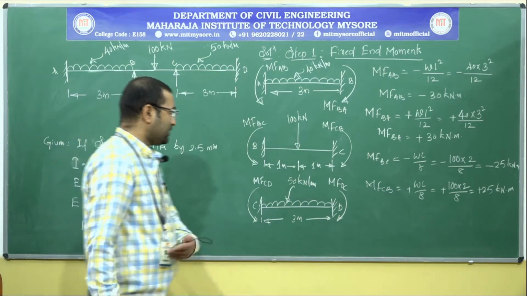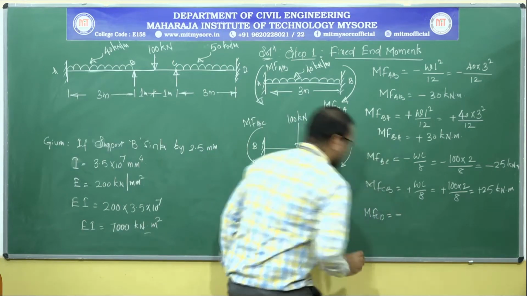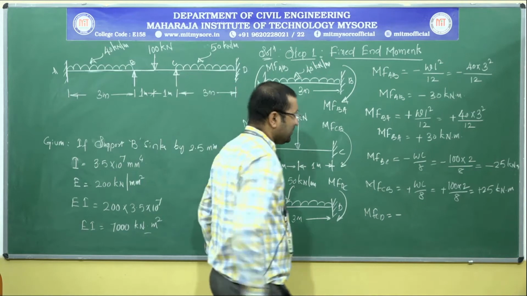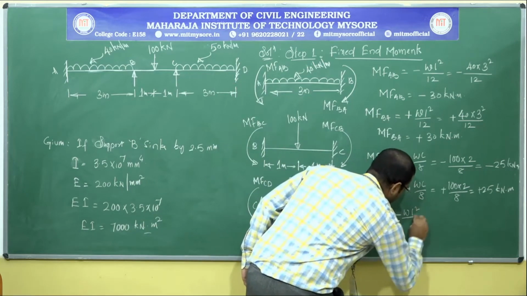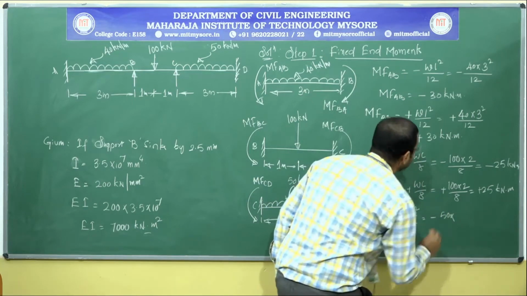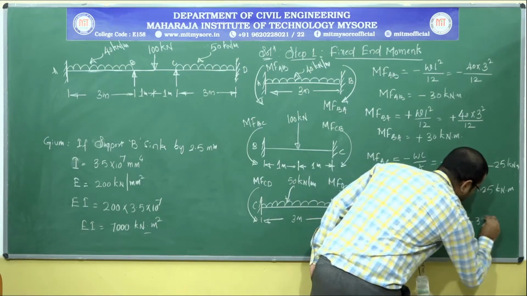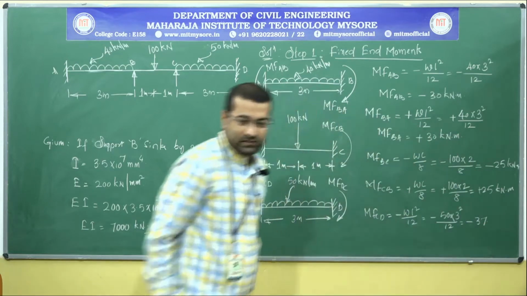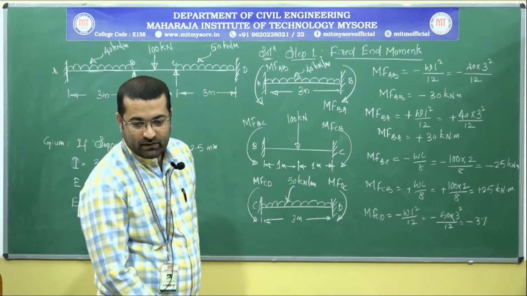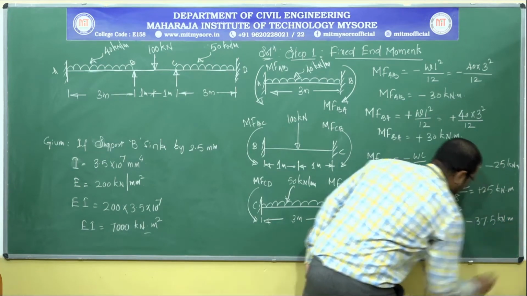So here if I work out MF CD and MF DC, MF CD is equal to minus, again I have to use the same formula as I used for the span AB. So it is minus WL square by 12. So minus of, here W is 50 kilonewton, 50 into span 3 square divided by 12, which yields to minus 37.5 kilonewton meter.